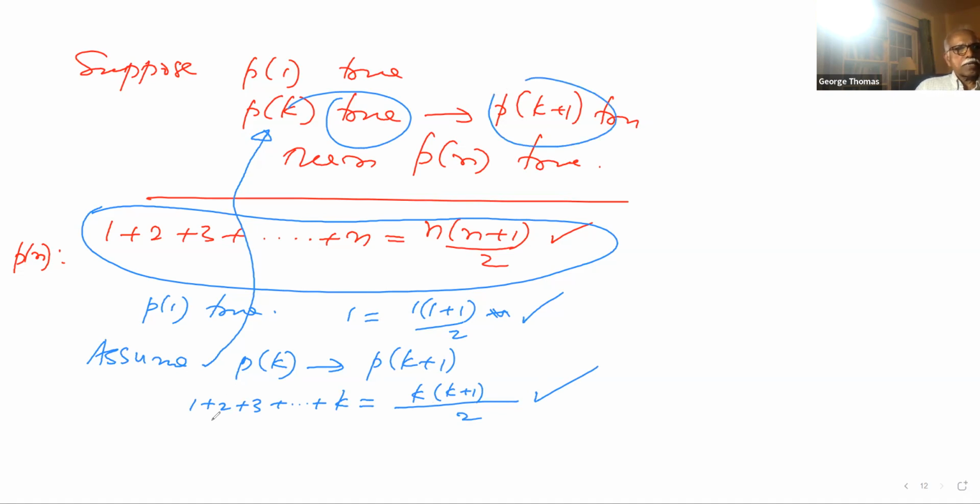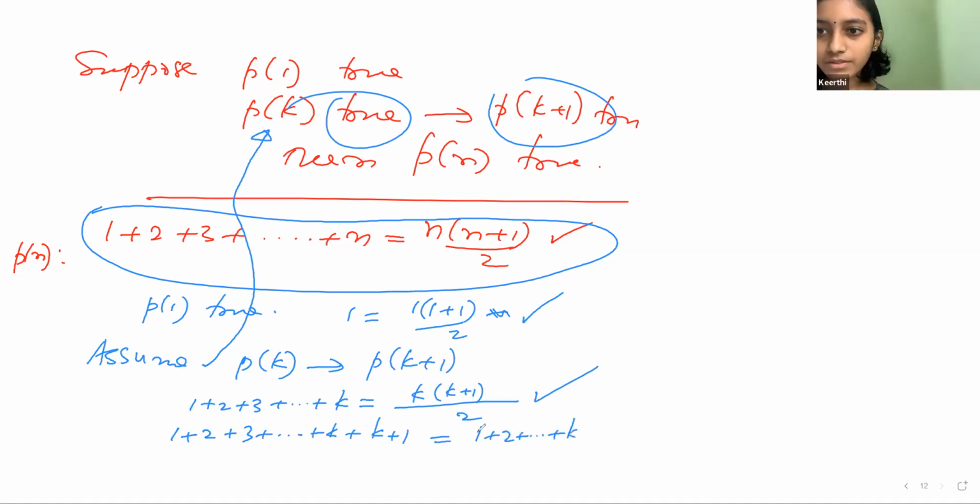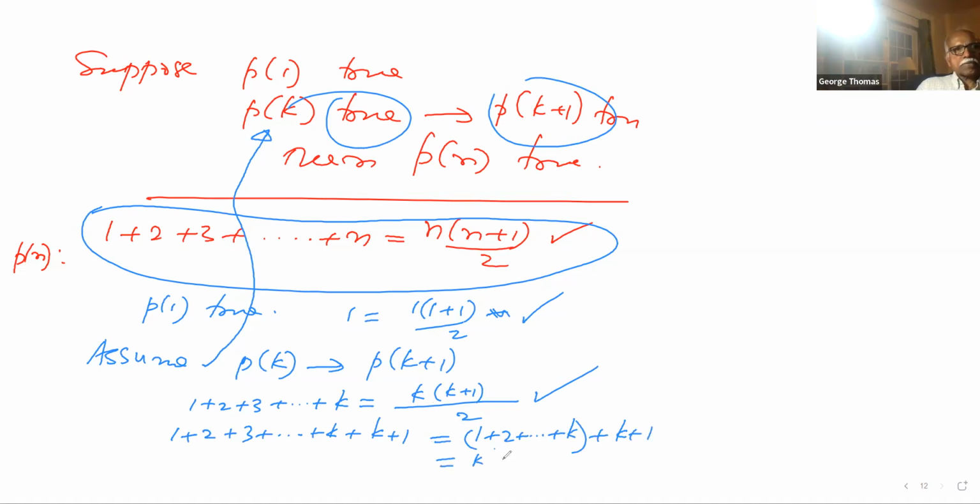If you can, then the formula will be true. 1 plus 2 plus 3 plus up to k plus 1. Isn't that 1 plus 2 plus up to k, plus k plus 1? Yes, sir. Now isn't that substitute k times k plus 1 over 2 plus k plus 1?